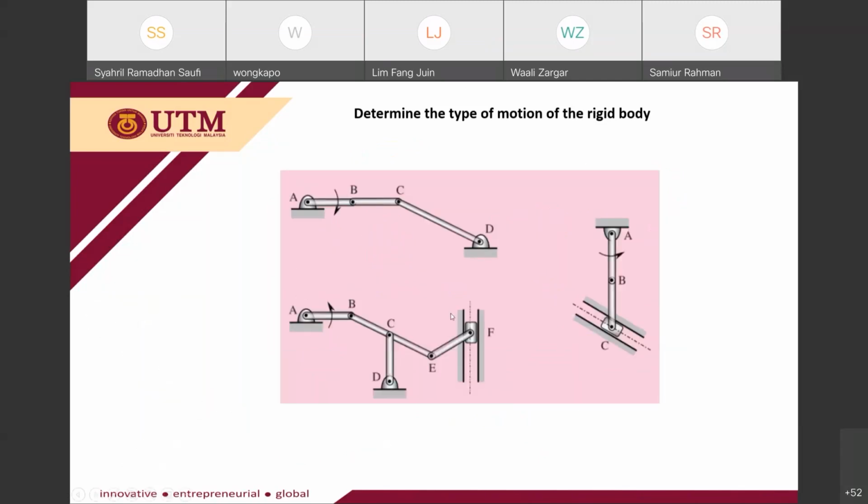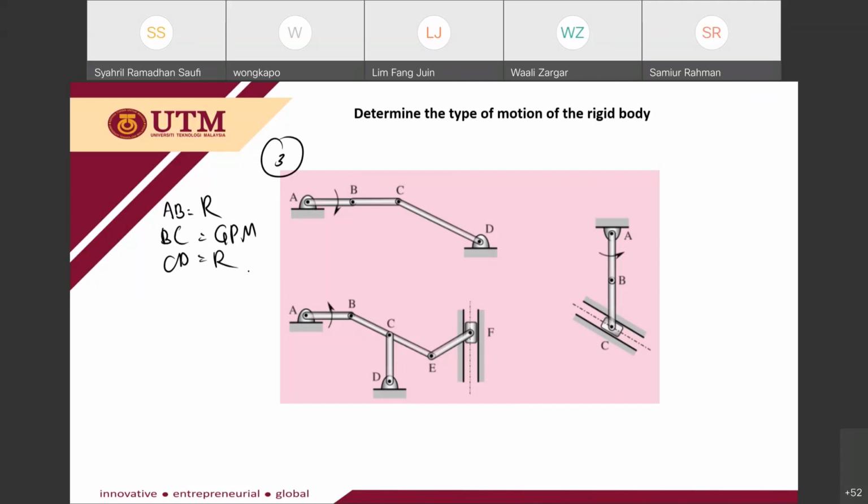Okay, so let's have a look at another exercise. So this is exercise figure 3. What would be the motion of AB? Rotation. BC, GPM. CD, rotation.